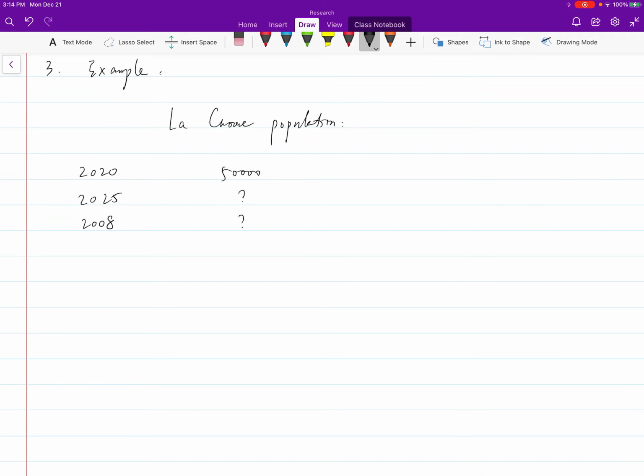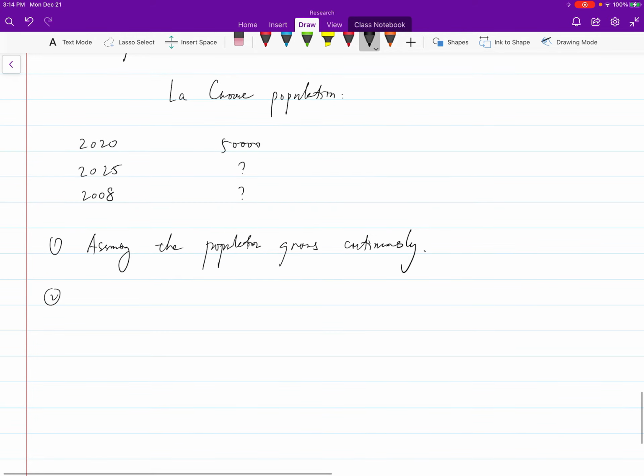We want to know that. Moreover, we need two assumptions. The first one is assuming the population grows continuously. Second, the continuous growth rate is 0.5, measured in years.